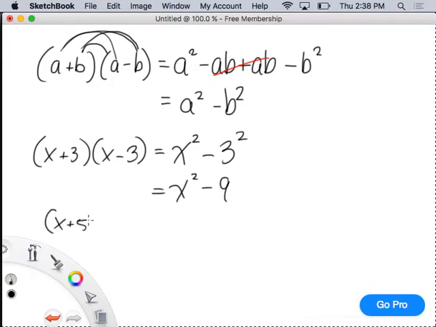So go ahead and, after you copy that one down, do this one on your own. x plus 5 times x minus 5.